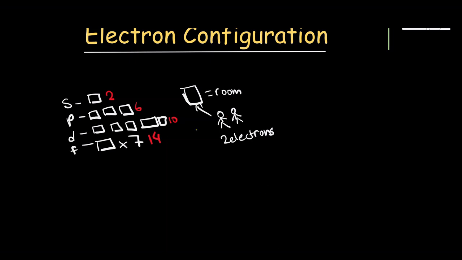Now, how does it work? Every time you have to fill up these orbitals, you have to fill them in this way, okay? So let's draw these orbitals. Let's say we are going to try p. Now we have to fill the people, or we can say fill the electrons.